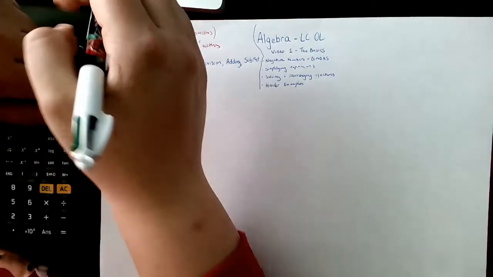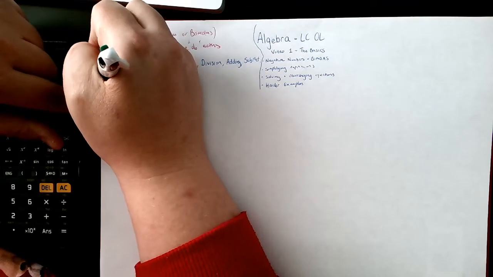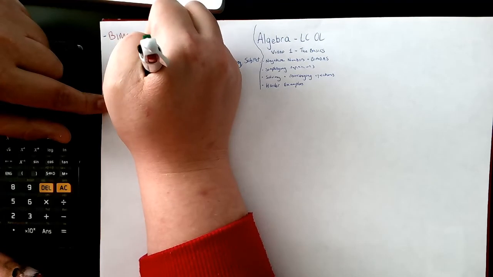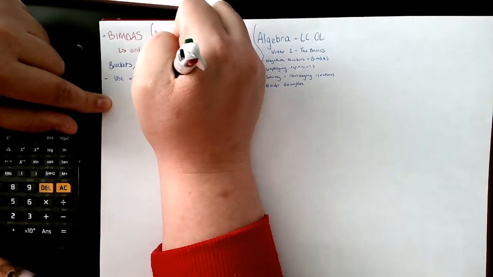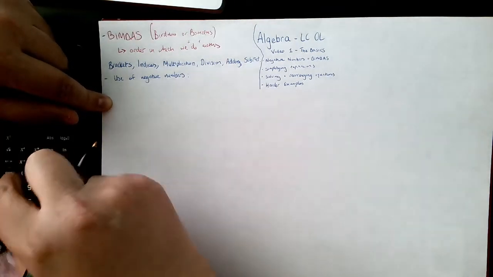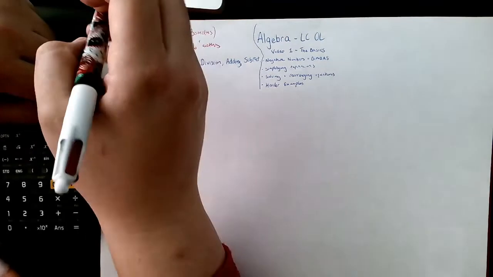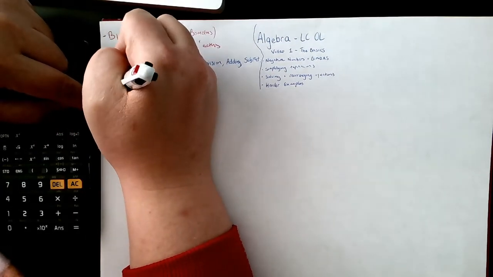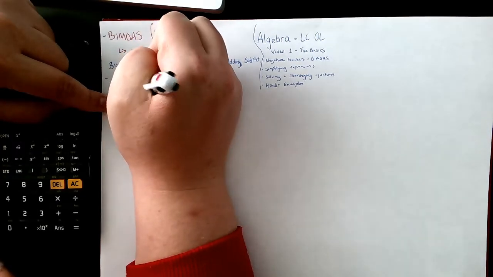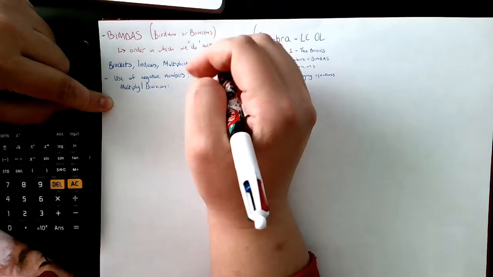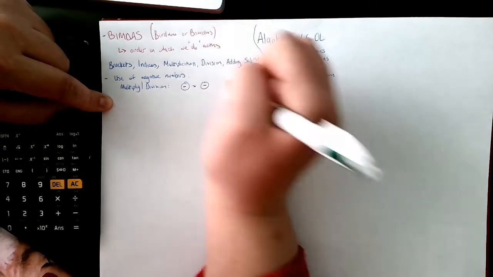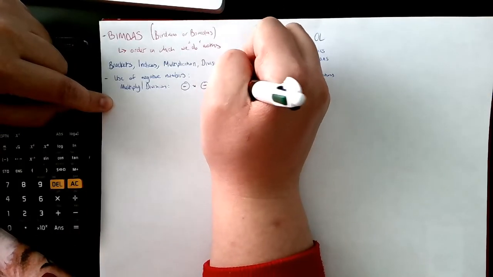Okay, the next thing that we need to look at is the use of negative numbers. Addition and subtraction with negative numbers, your calculator is helpful for that. But in multiplication or division, if we have a minus number and we multiply it by a minus number, we get a positive.